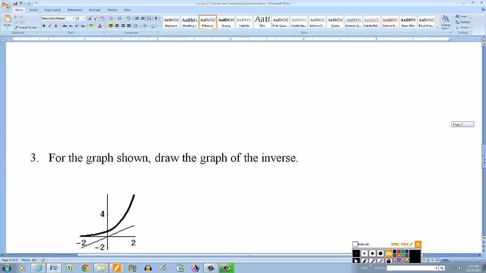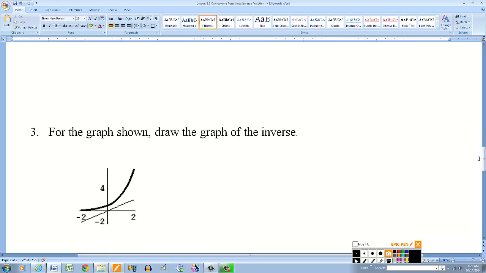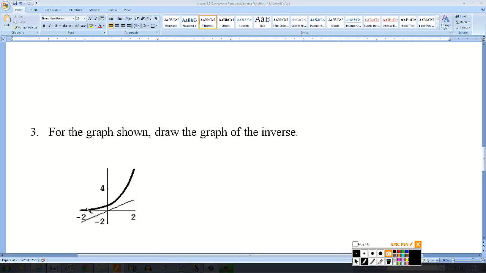Okay. Now for this one, it's kind of like the one I just did a while ago. For the graph shown, draw the graph of the inverse. So this again looks similar to an exponential. Like I did a while ago, if this is the point (0, 1), then the graph would have to pass through (1, 0).